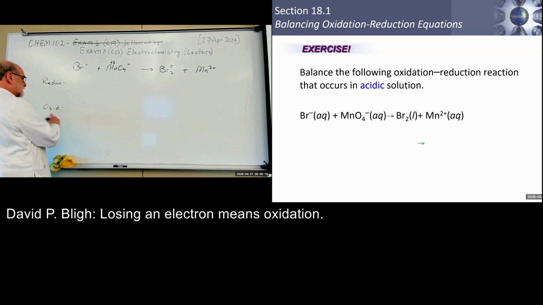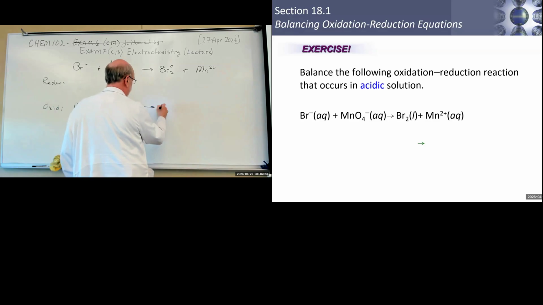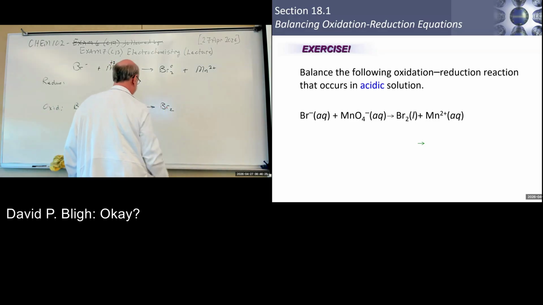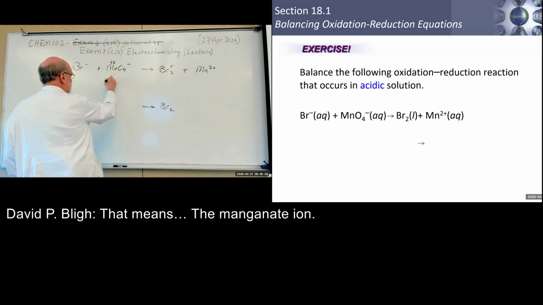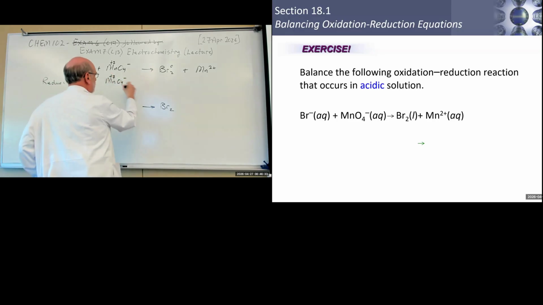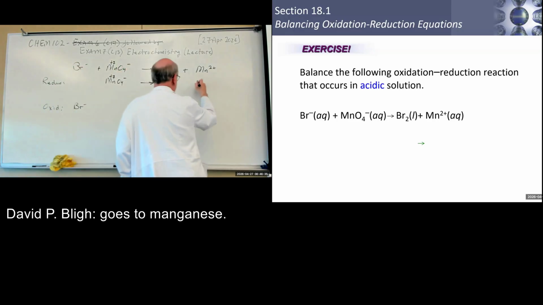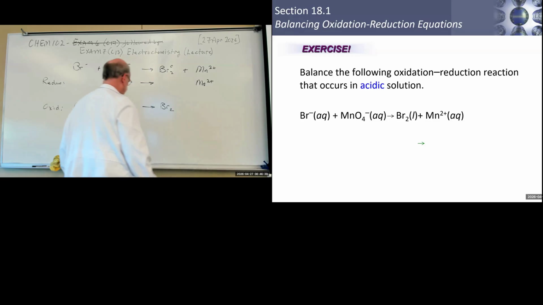Lose an electron means oxidation. That means the permanganate ion goes to manganese 2 plus.